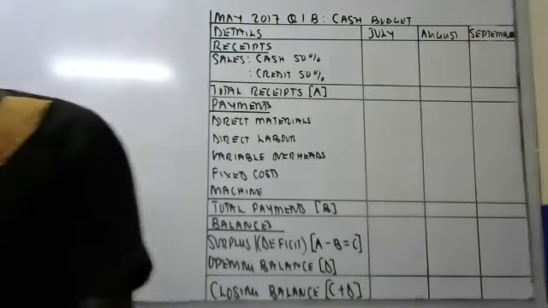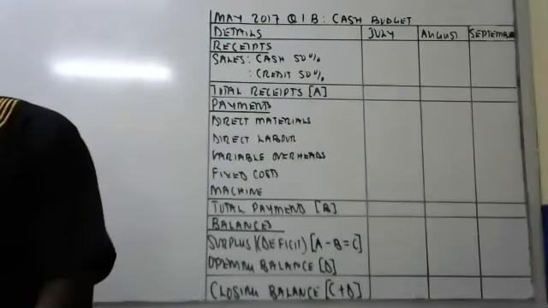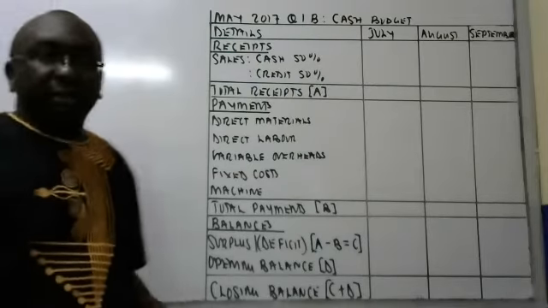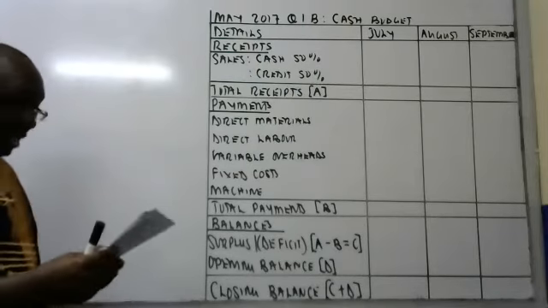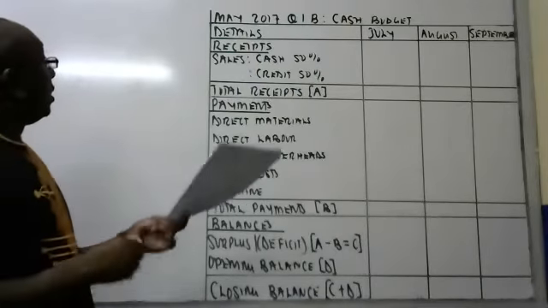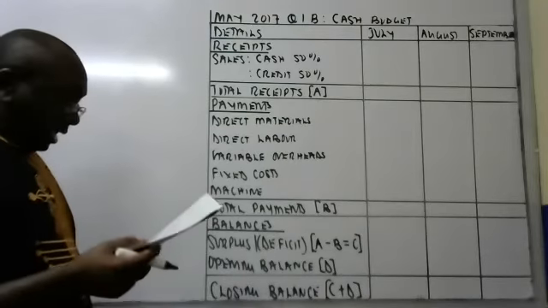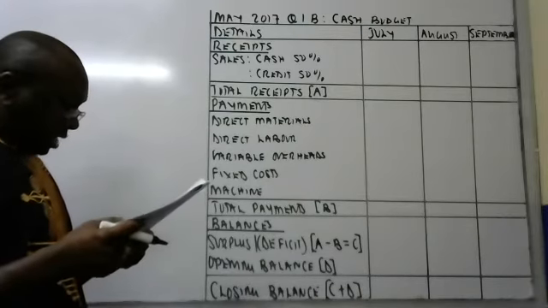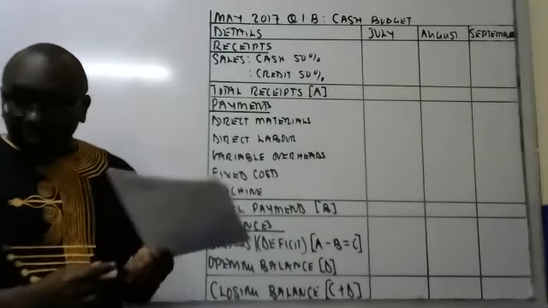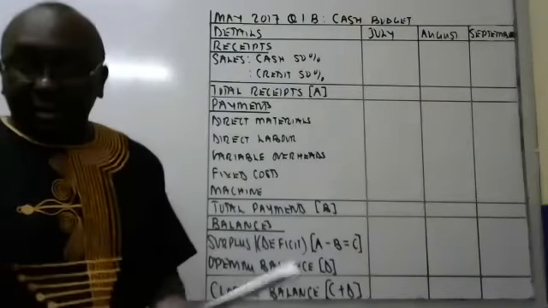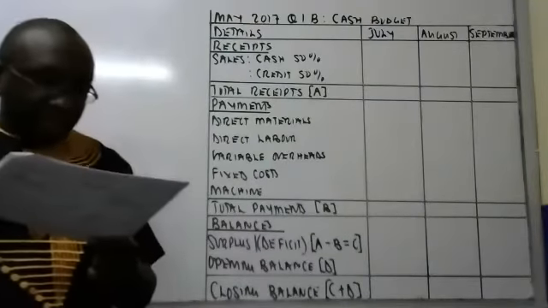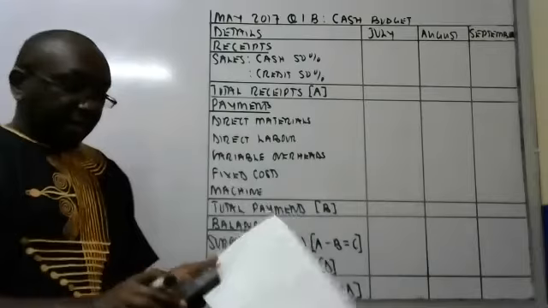Yes, finished. Good. So what we shall do now is take the sales units. For the first month, July, sales were 1,500.